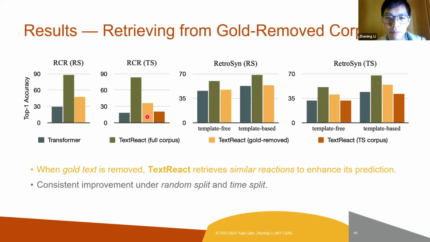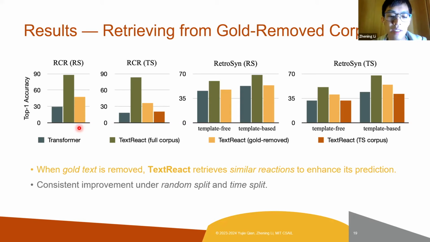So we also tested our model on a more stringent setting. This setting we will call gold removed corpus. In this setting, for every input, after we retrieve the text, we remove the gold text.